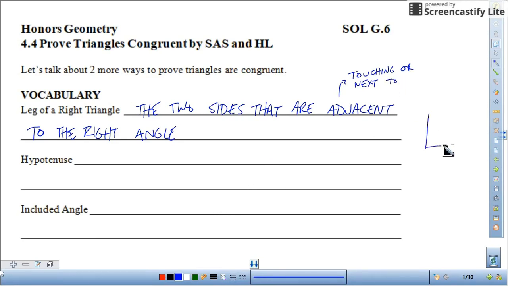So when we take a look at a right triangle, this is our right angle. We're talking about these two sides being the legs since they are touching that right angle. Next term to define is hypotenuse, and that is the other side in the right triangle, so that's going to be the side that's opposite the right angle.